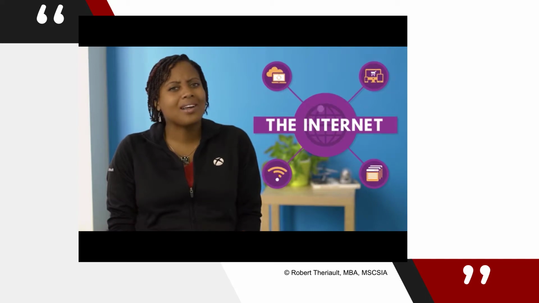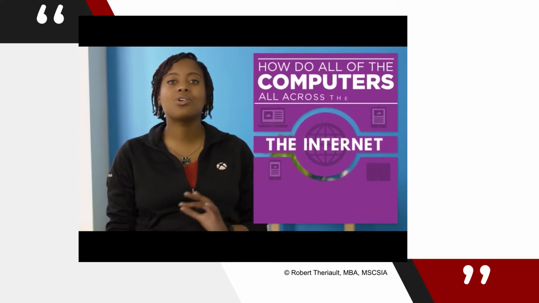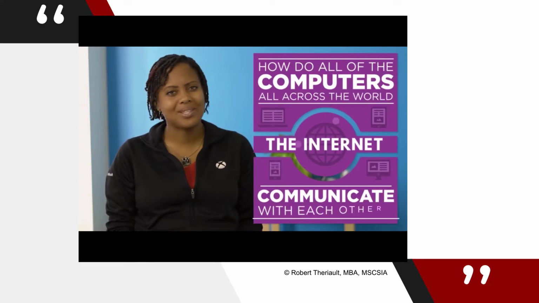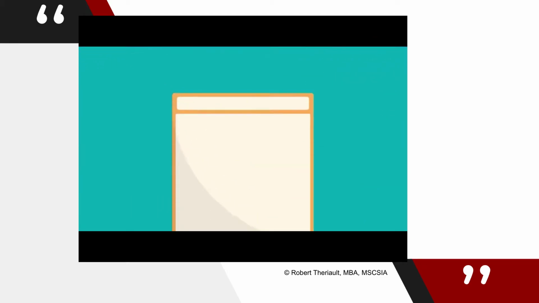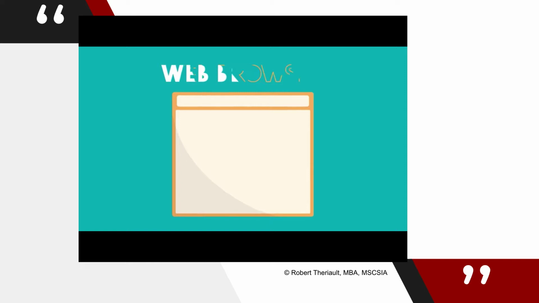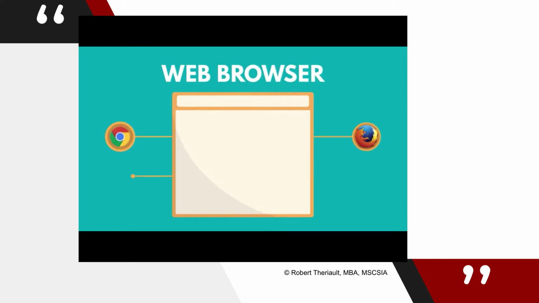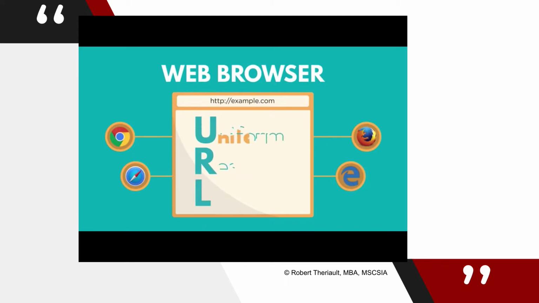But how does it work? How do the computers all across the world actually communicate with each other? Let's look at web browsing. First, you open a web browser. It's the app you use to access the web pages. Next, you type in the web address, or URL, which stands for Uniform Resource Locator, of the website you want to visit, like tumblr.com.